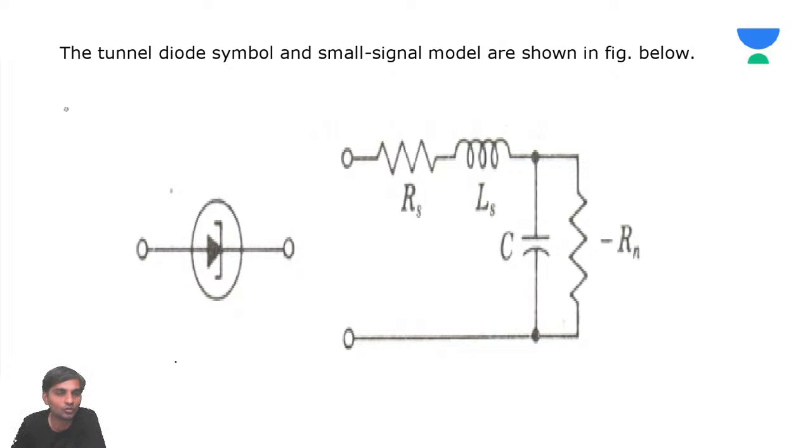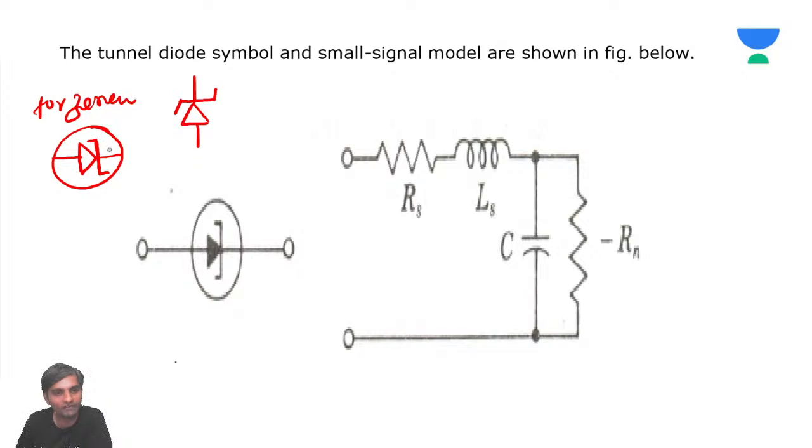Sir, as I told you, for a Zener diode, in the symbol there is a Z. If you look at it like this, this is Z, yes or no?